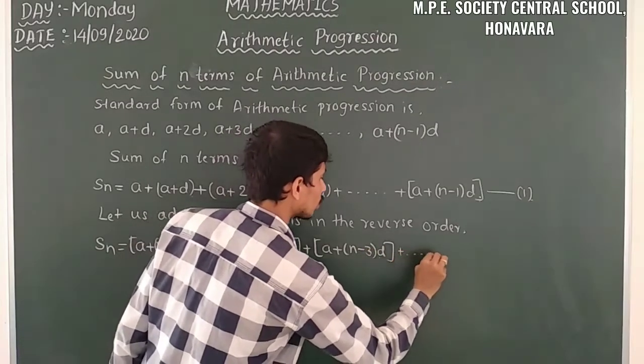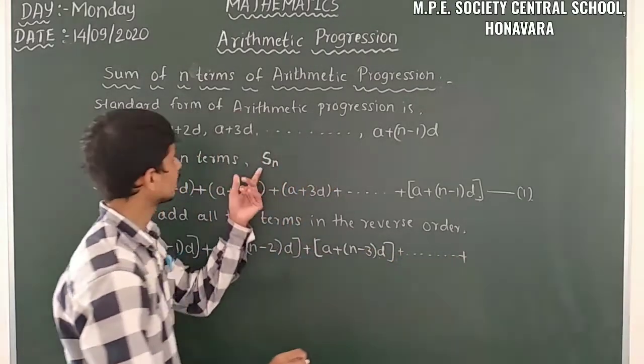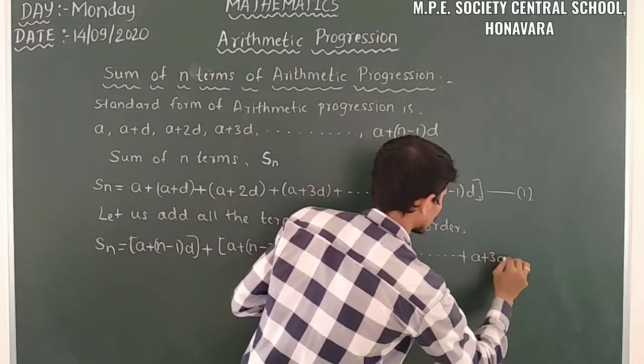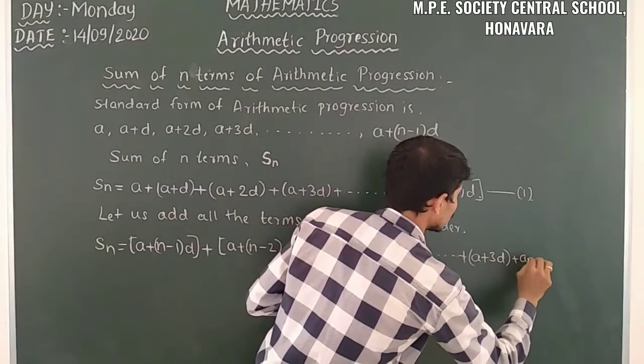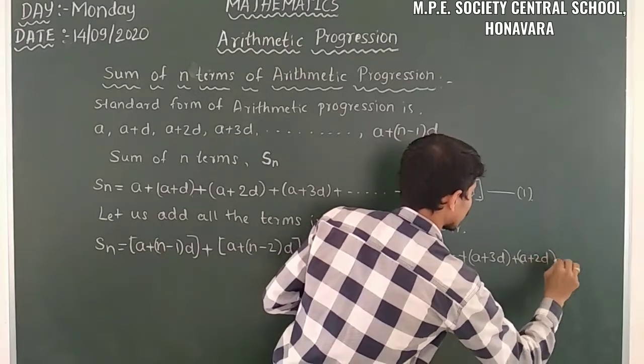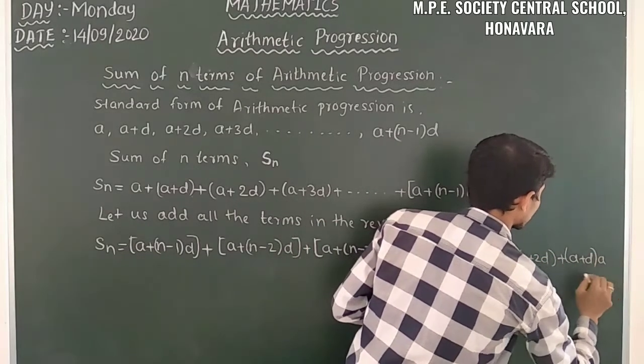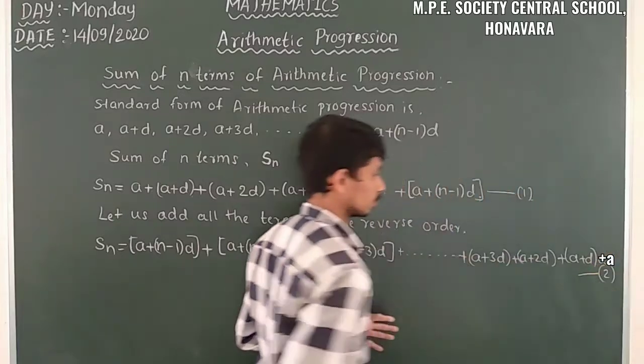So on up to, in the reverse order, a plus 3d, plus a plus 2d, plus a plus d, comma a. This is equation number 2.